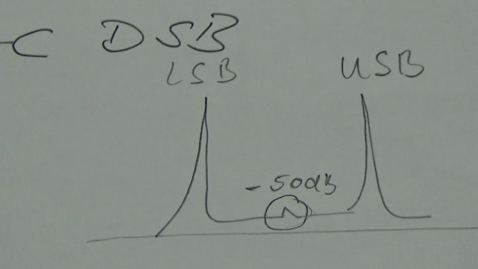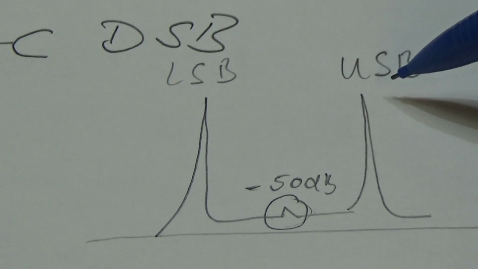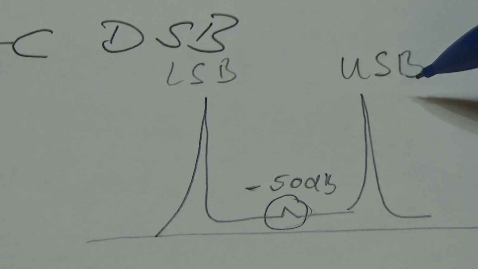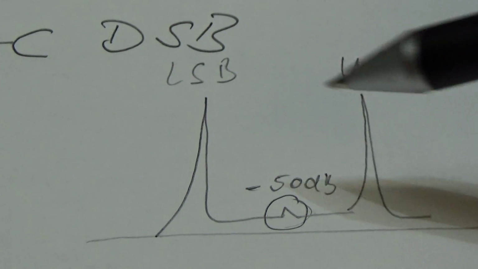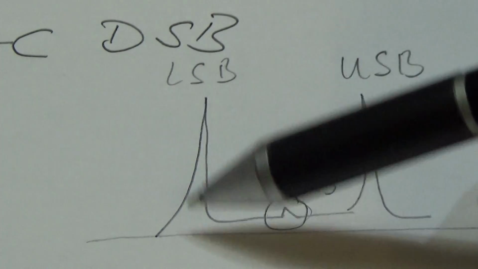But now, let's say we want to transmit on upper sideband, and we just want to get rid of this lower sideband.